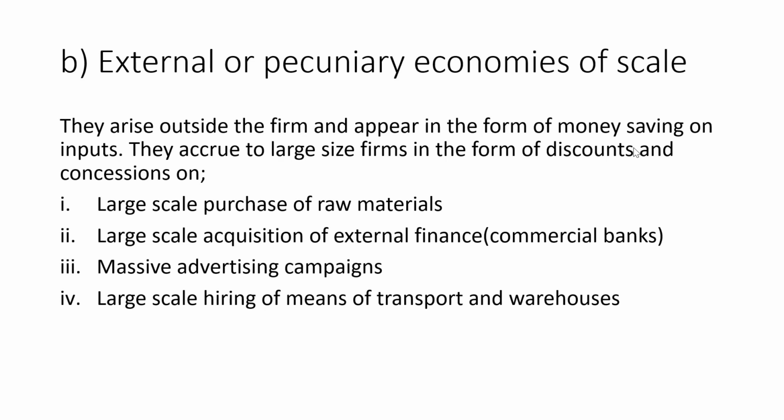So these benefits are available to all firms in the industry, but large-scale firms derive more benefits compared to the small firms. So expansion of the firms of an industry also encourages the growth of ancillary industries that supply inputs.